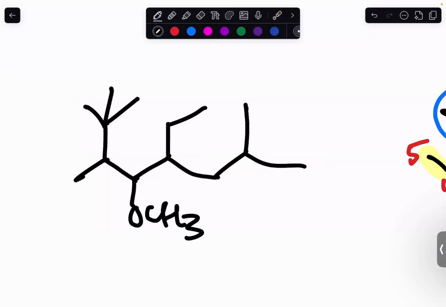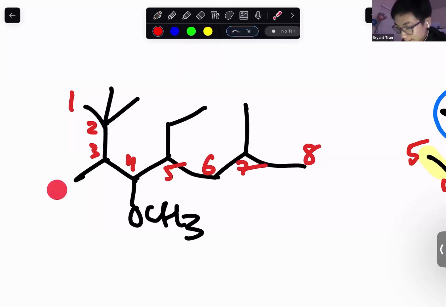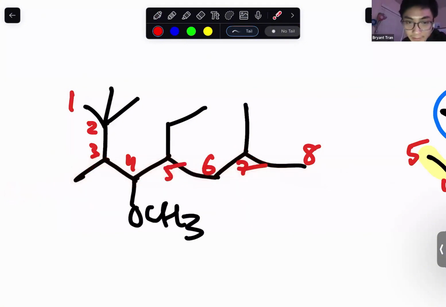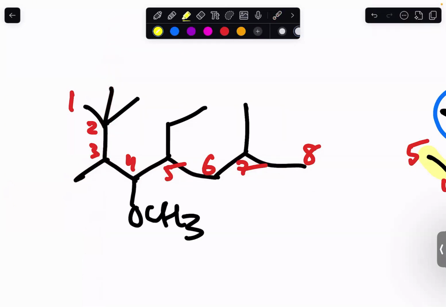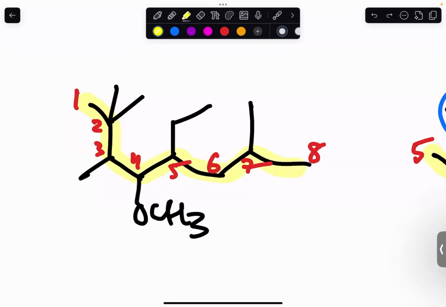Okay, so that would be 1, 2, 3, 4, 5, 6, 7, 8. So be careful of that. The main chain is not always going to be clean, like in a zigzag horizontal line like that. It can be tricky and go up like that or down like that. Right. So in our highlight here, this is our main chain right here. So we have an octane.